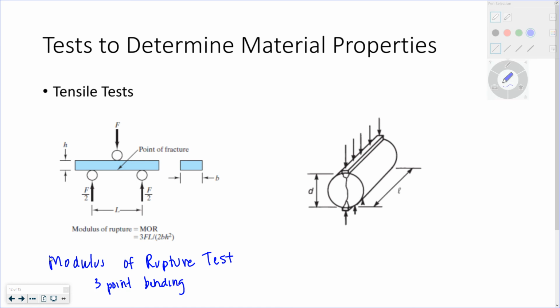You have 2 supports, and you apply a force, you're going to have positive bending, causing tension right down here at the bottom, and fracture. You get to calculate the modulus of rupture, which is the force at which that fracture begins to occur.